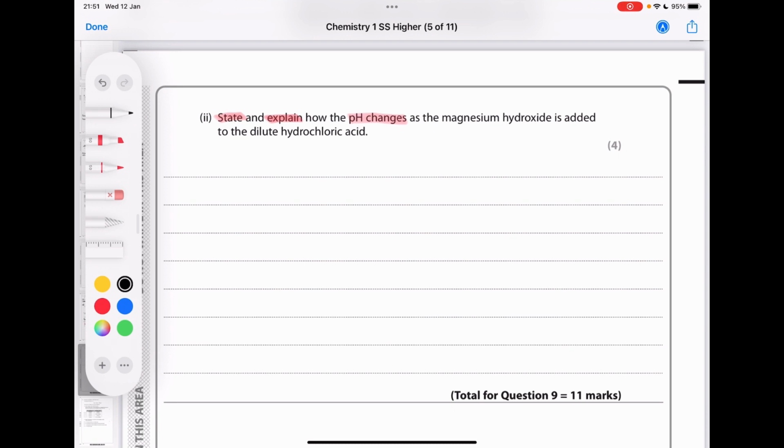So the first thing we would say is the pH increases. But the pH doesn't increase all the way. The pH increases until the pH reaches 7.